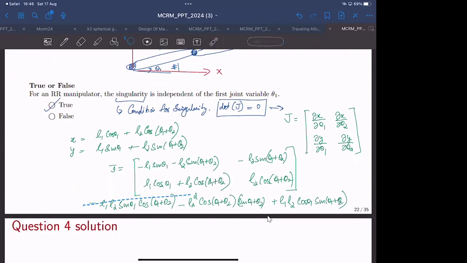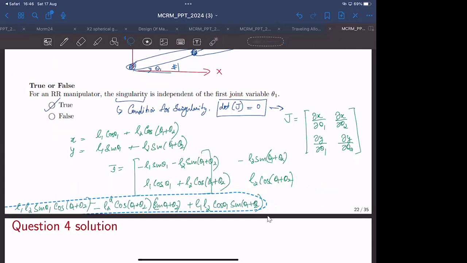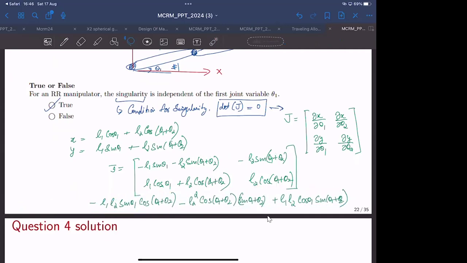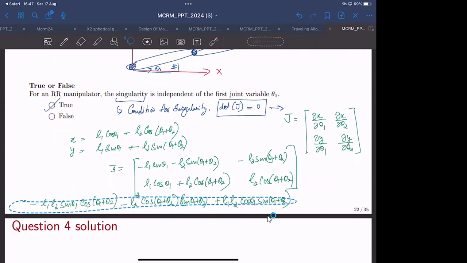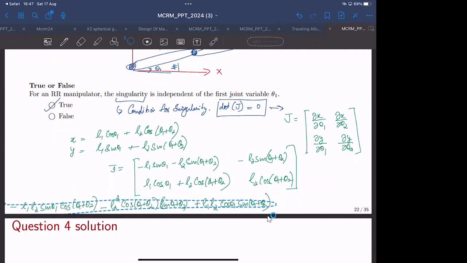I'll just move this over here. Yeah. Then we have one more term, plus L2 square cos(theta 1 plus theta 2) sine(theta 1 plus theta 2).